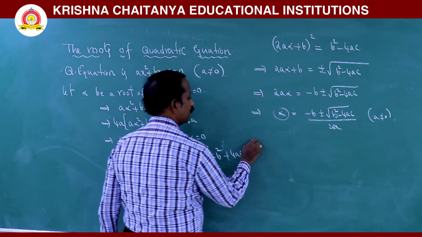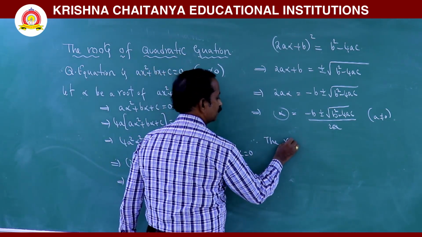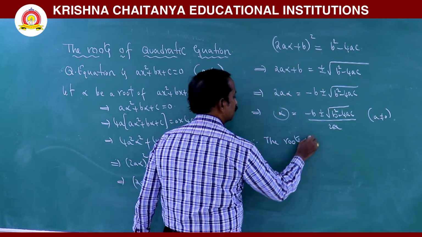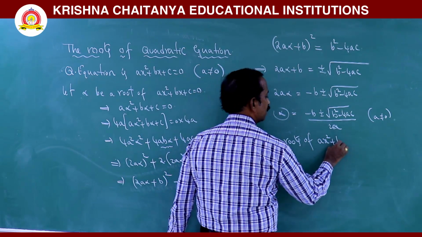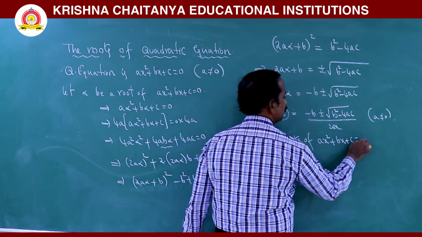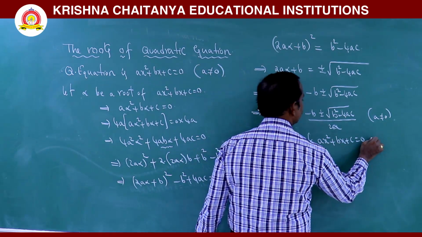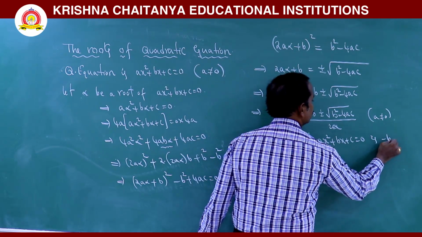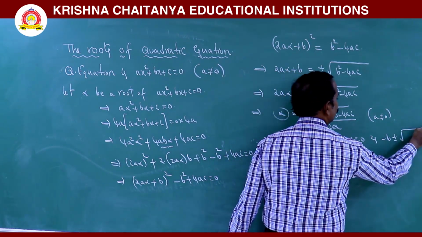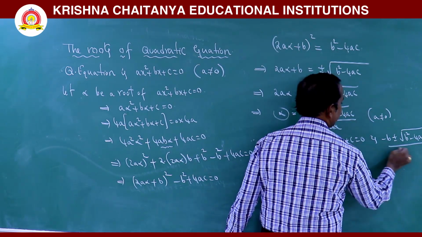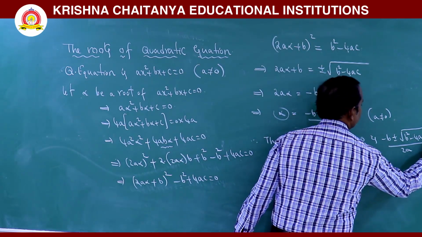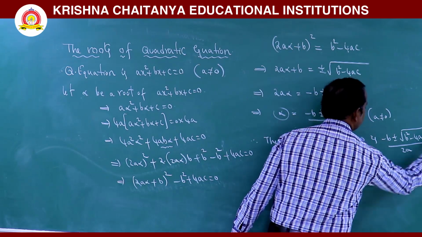So therefore the roots of the quadratic equation ax square plus bx plus c is equal to 0 are minus b plus or minus root of b square minus 4ac divided by 2a, in which a is not equal to 0.